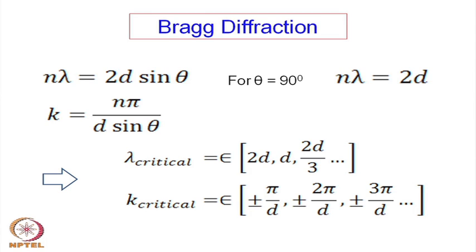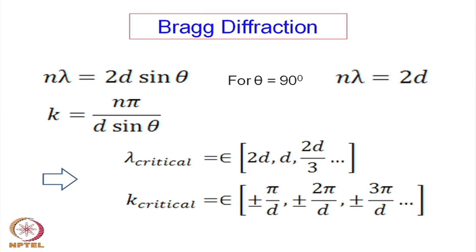Because of this periodicity, the concept of Bragg diffraction also came in, because whenever there is a periodic lattice, any electromagnetic wave passing through it has chances of diffraction, and because of the periodicity there will be a constructive interference.